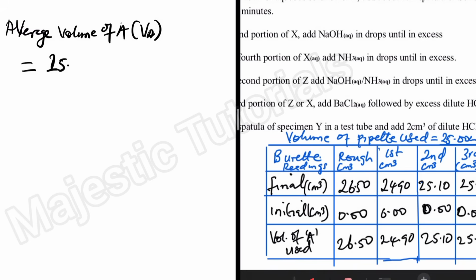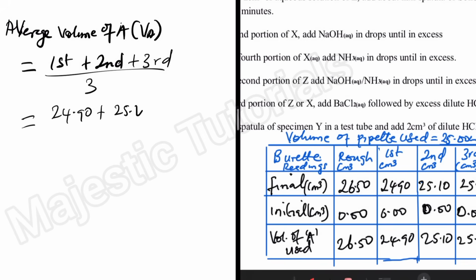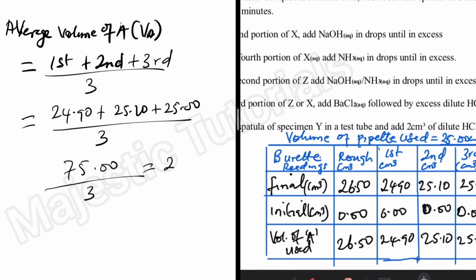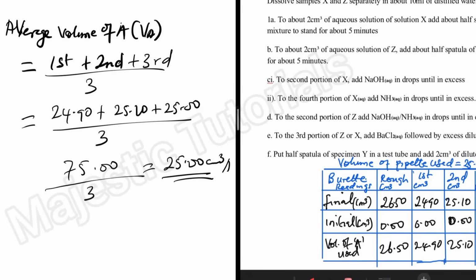Using first plus second plus third, all divided by 3: my first value is 24.90, second is 25.10, third is 25.00, all divided by 3. So if you check all this, we are getting 75.00, all divided by 3, we will get 25.00 cm cube. So we have gotten the average volume of A used.